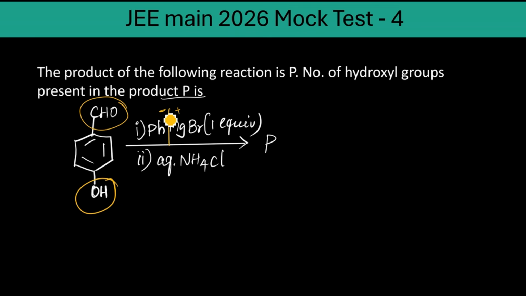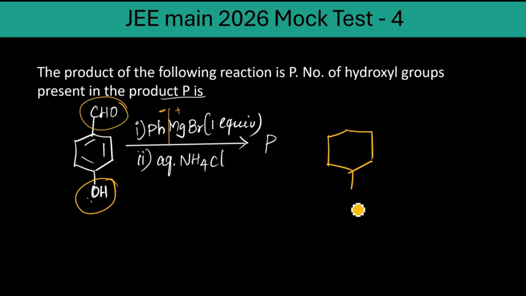Carbon will get attacked by the electron rich group. So if the atom is having electron deficiency, then that can take up the Grignard reagent. In this case, the aldehyde group is already getting more electrons from the lone pairs of OH, so it will not be taken up by the Grignard reagent.